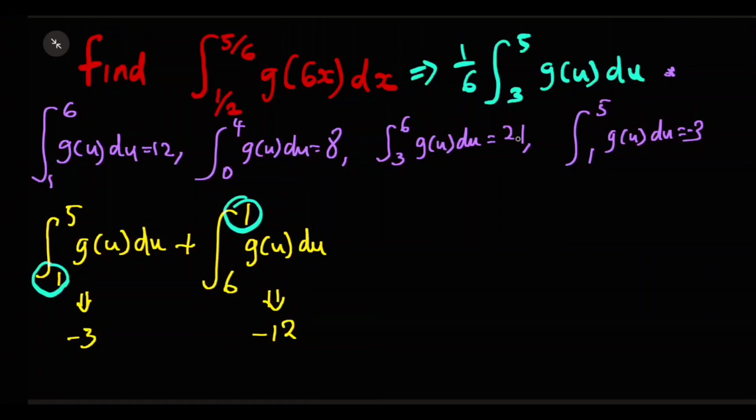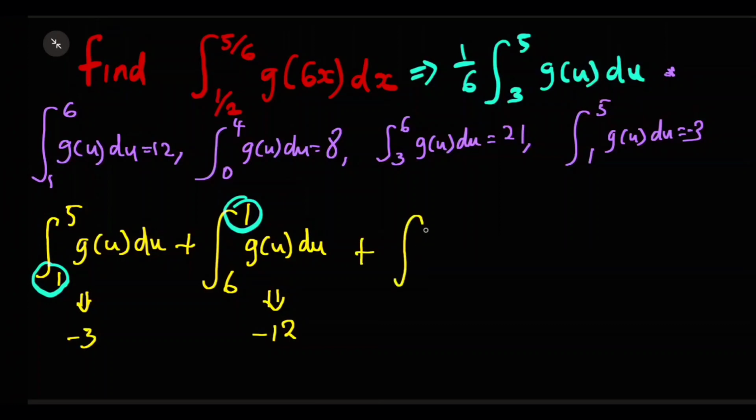And remember, I'm looking for a lower limit of 3. So my best bet would be to go with this, and this is because this gives me a lower limit of 3, and also having an upper limit of 6, I can as well cancel this lower limit of 6.